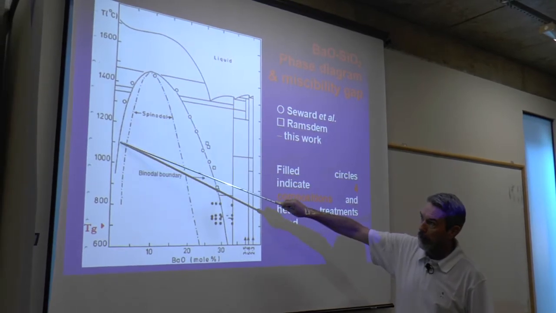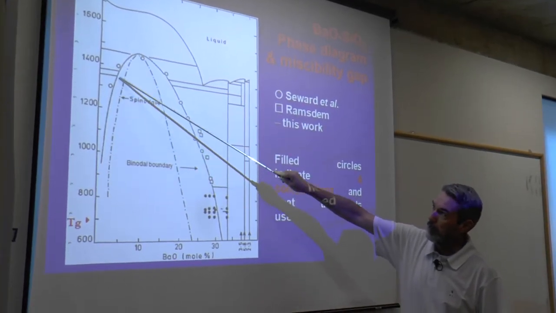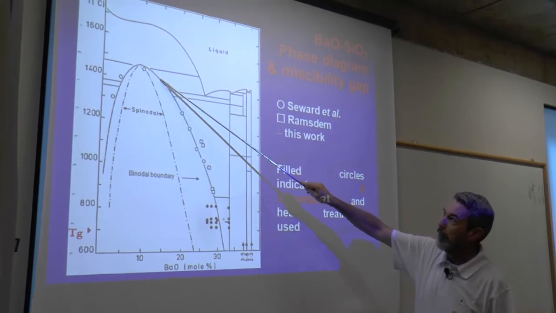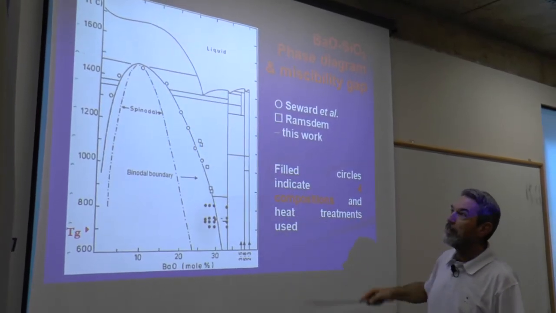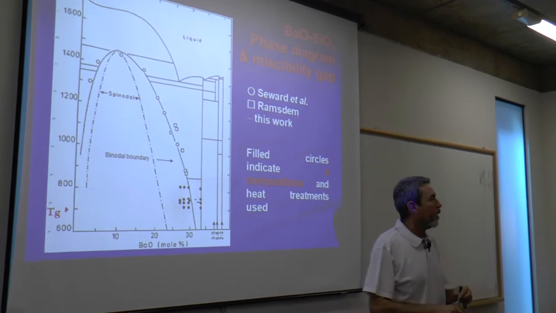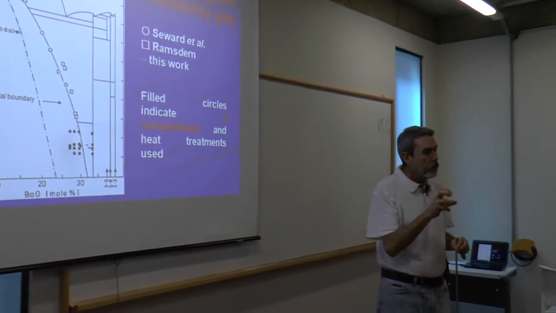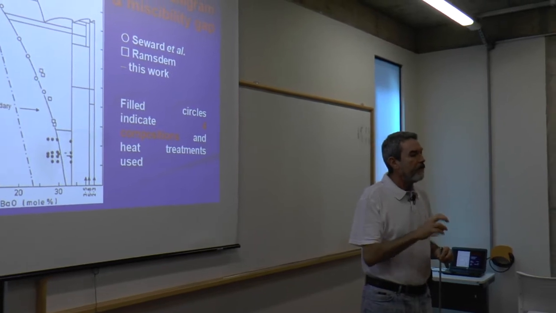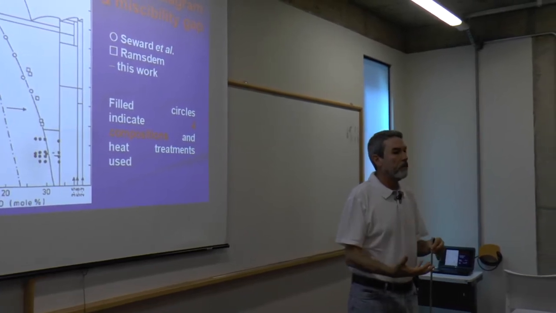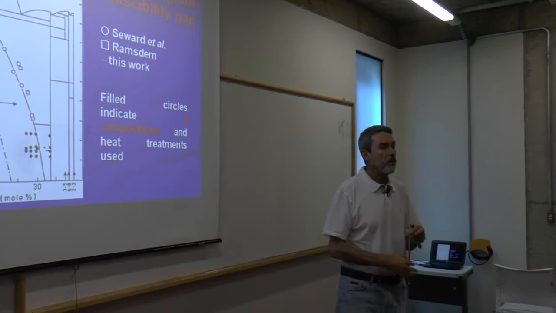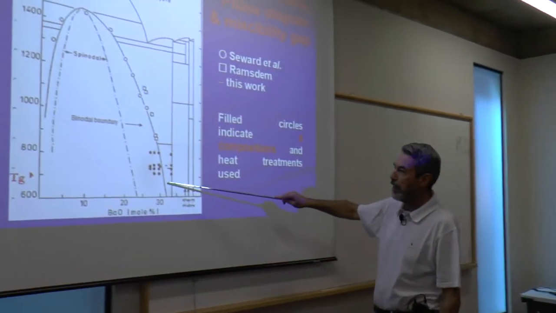several people have worked, including myself, I have worked with this system, has what is called an immiscibility dome or immiscibility region. That means the two liquid phases are not miscible. So we have an emulsion in this area here.